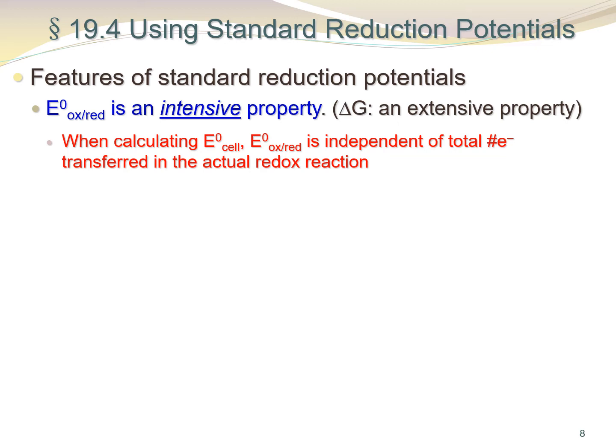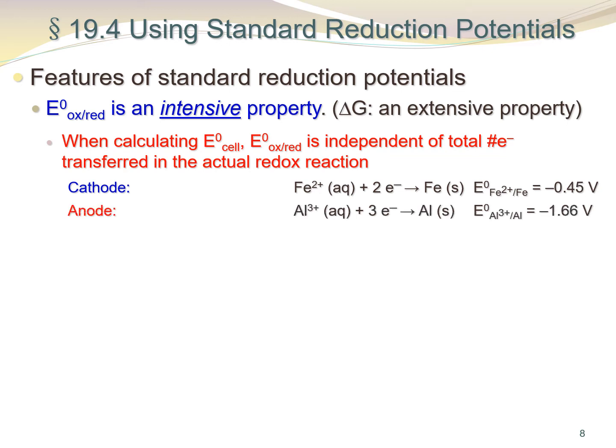What does that mean? It means that if you have a cathode like this, I'm sorry, there's a little bit of an editing problem. And as for the anode, we got aluminum. Why do we put aluminum at the bottom? Because aluminum has a more negative value.